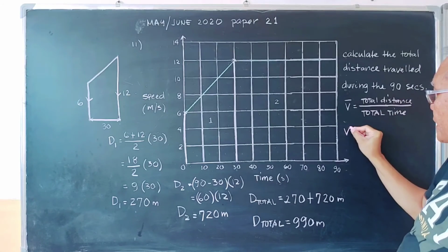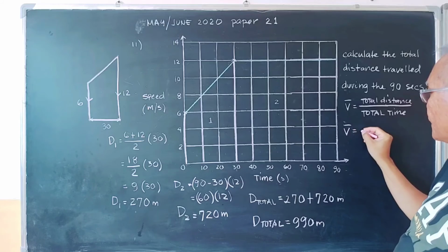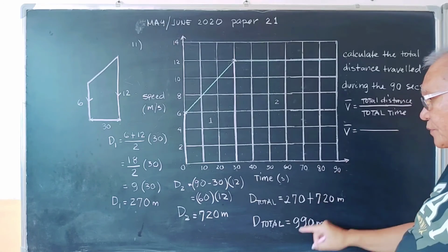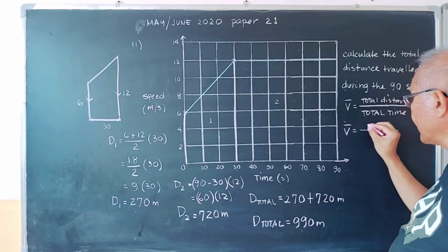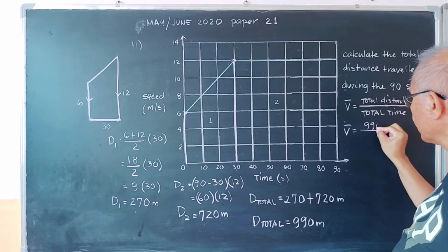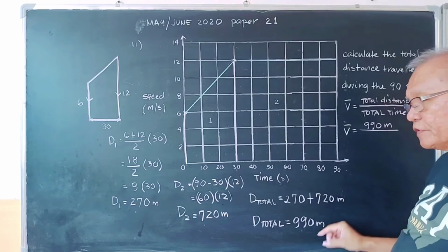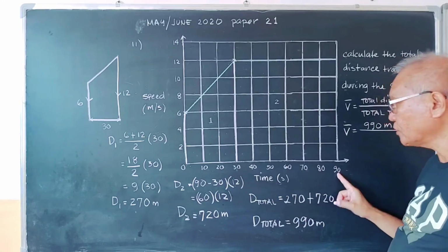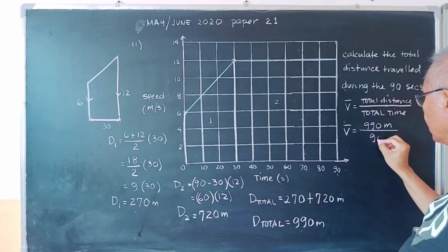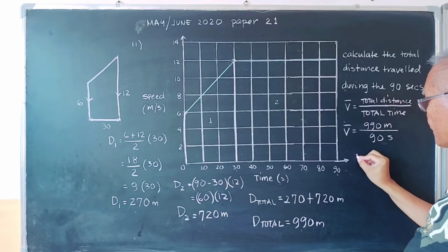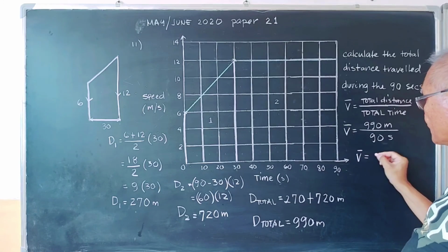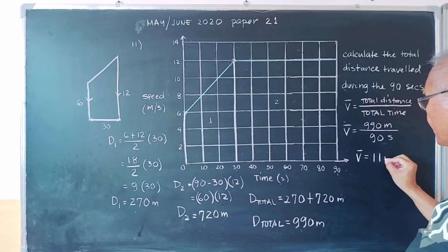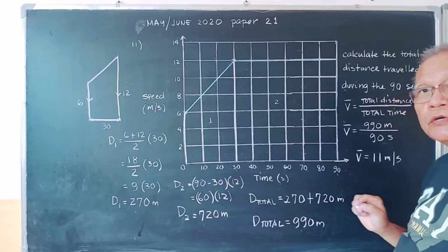So if they are going to ask us about average velocity, then we have the total distance of 990 meters, and then we divide it by the total time, which is 90 seconds. So our average velocity is 11 meter per second.